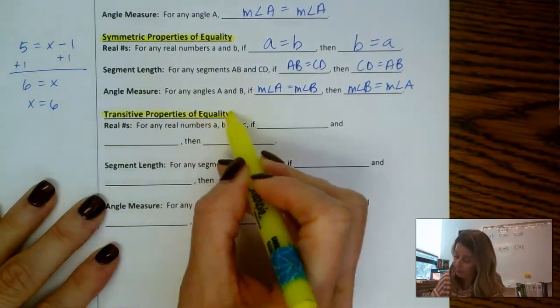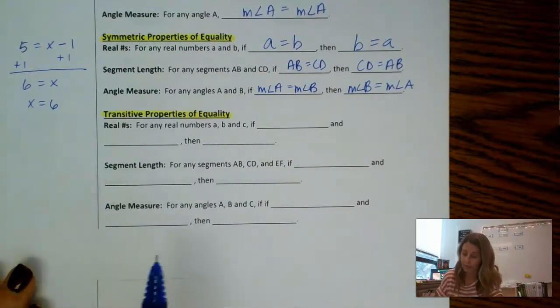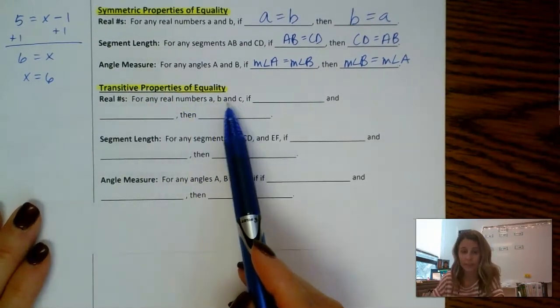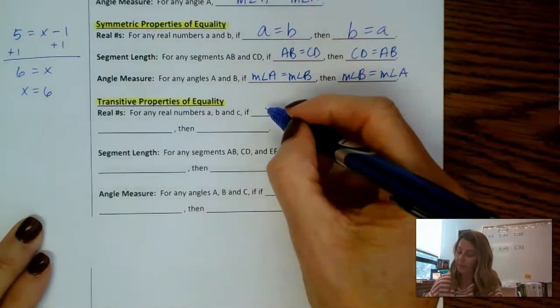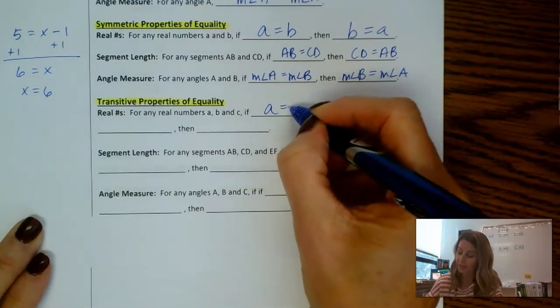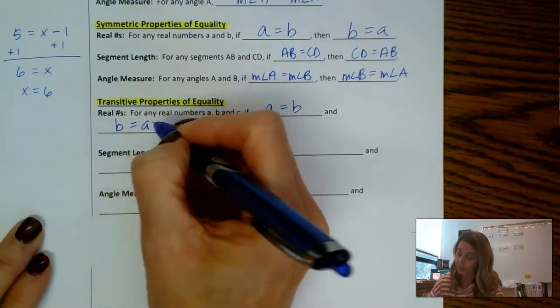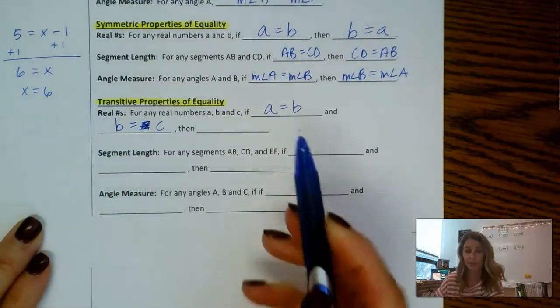Lastly is the transitive property of equality. The transitive property of equality says, for any real numbers A, B, and C, so notice one difference here, I have 3 quantities and I only had 2 before.